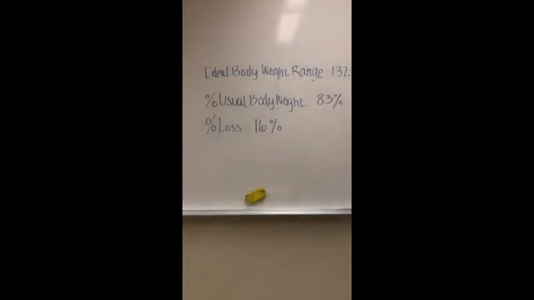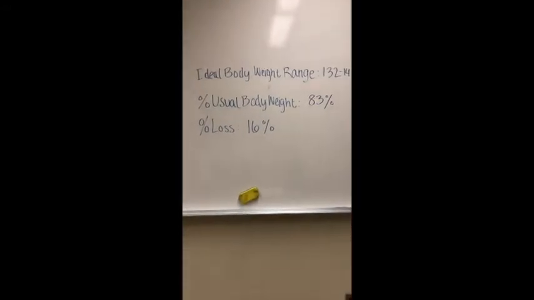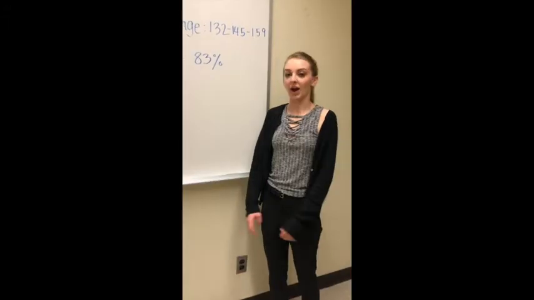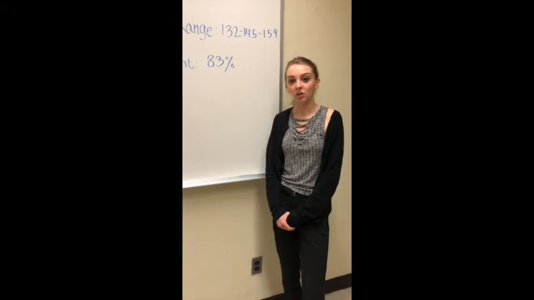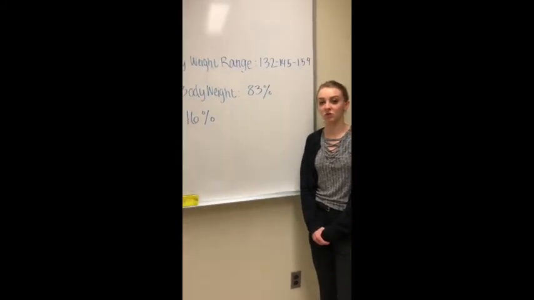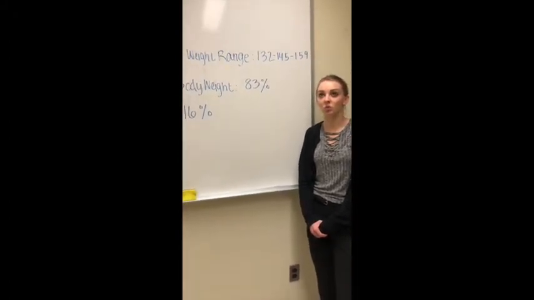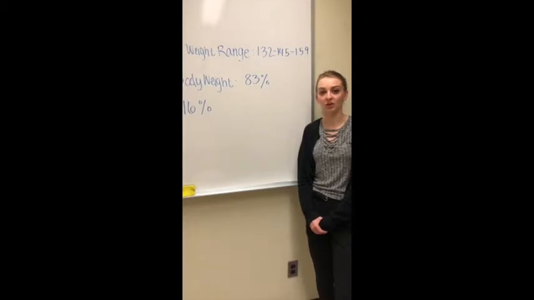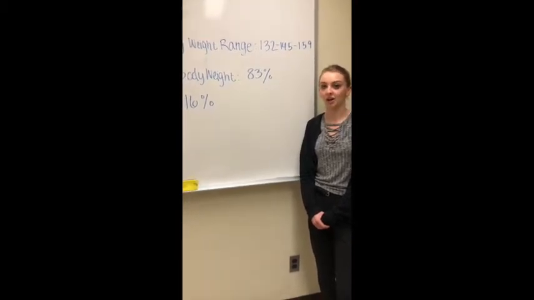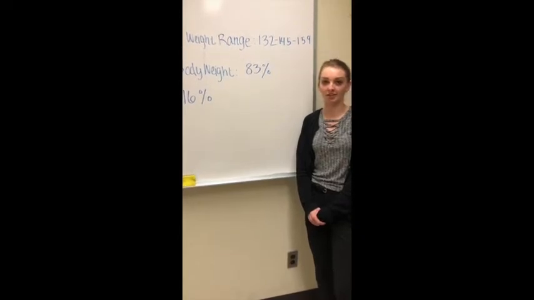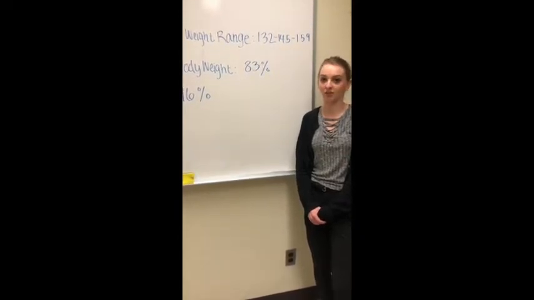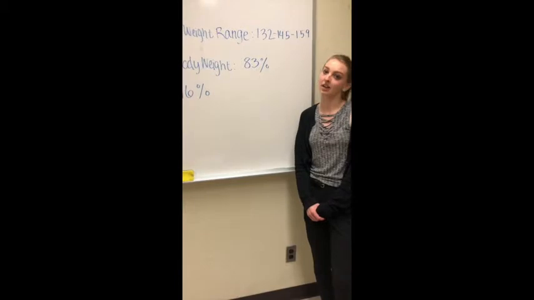And also, we calculated her usual body weight percent. So Riley had a percent loss of 16%, which is significant because if you lose 7.5% of your body weight over 3 months, that would be an indication that you have lost a significant amount of possibly lean muscle mass and also weight.